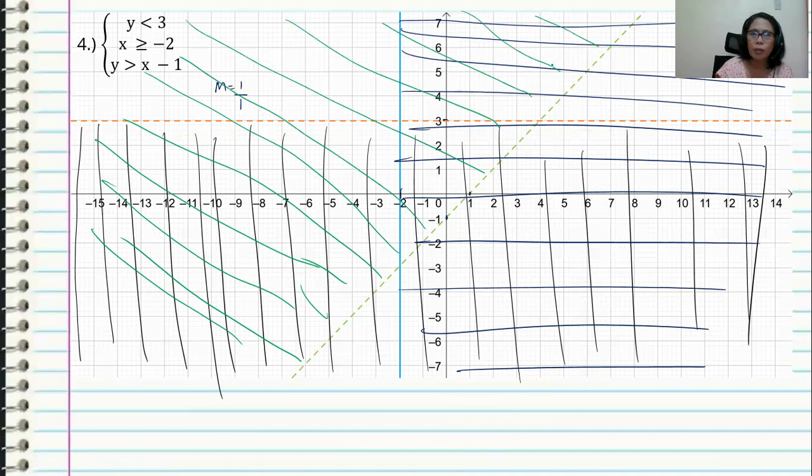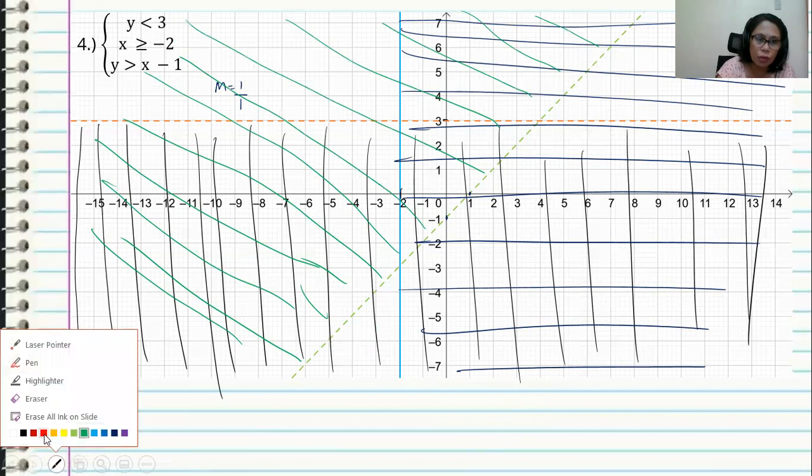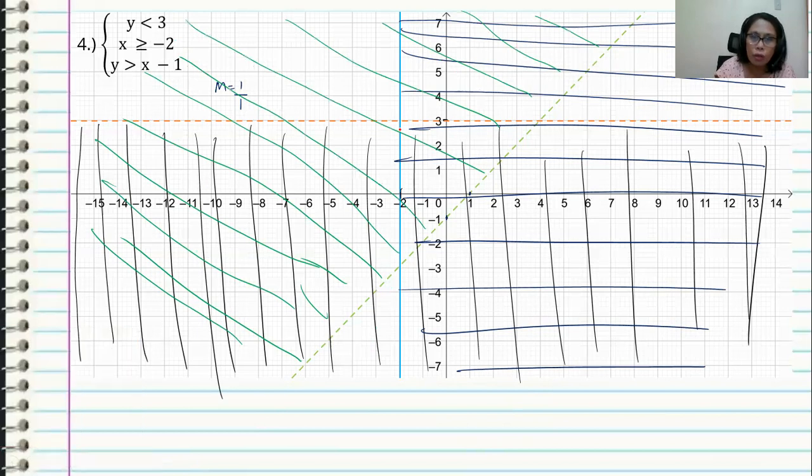Now, the overlapping region or area would be the solution for the three inequalities. And these are the solution. This portion, which is in triangle form.